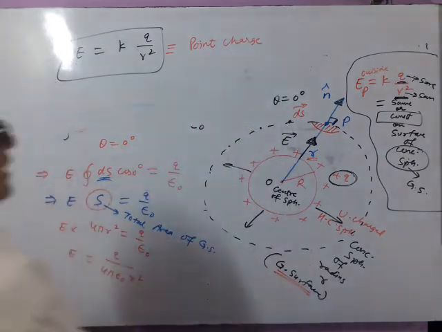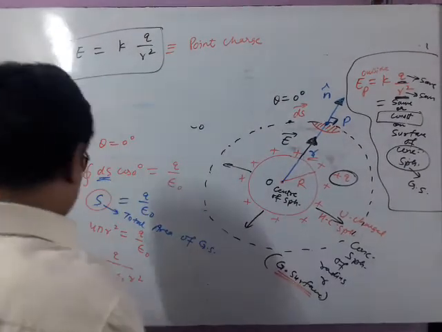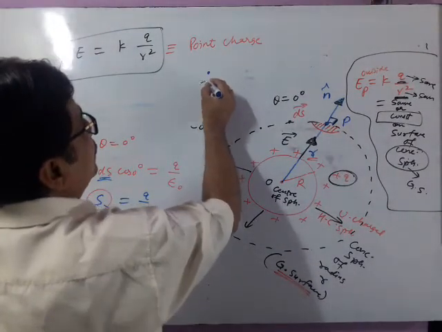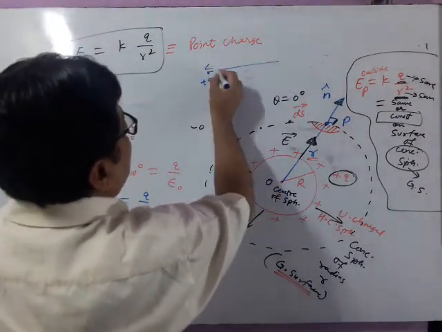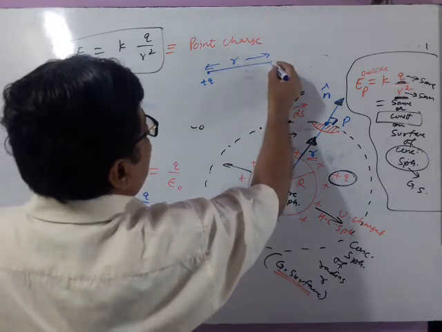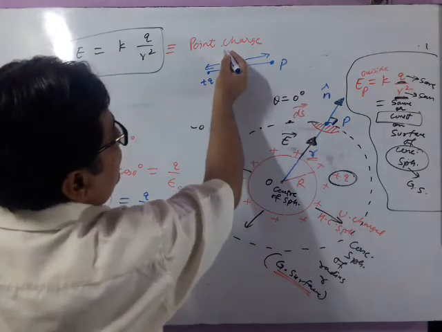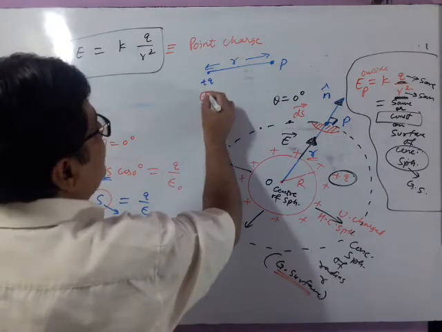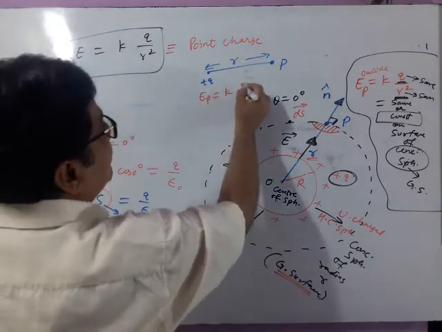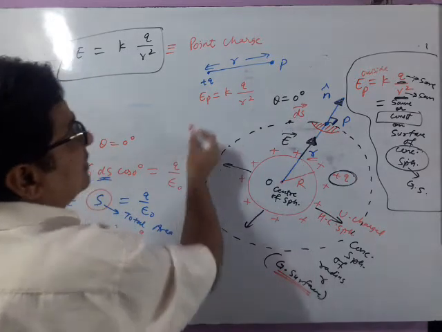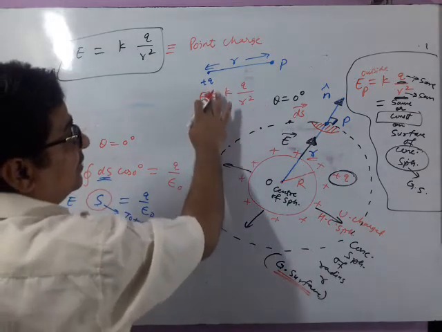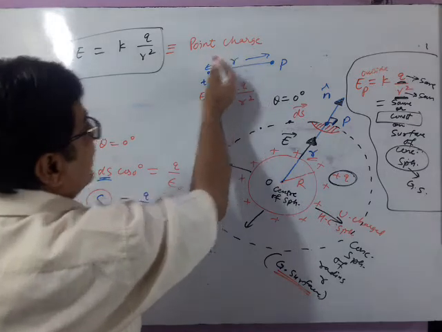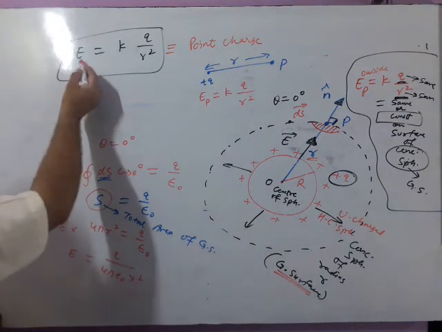Understand this: one point charge Q at a distance R at point P. What will be the electric field for a point charge? You will say the answer is K Q by R square.